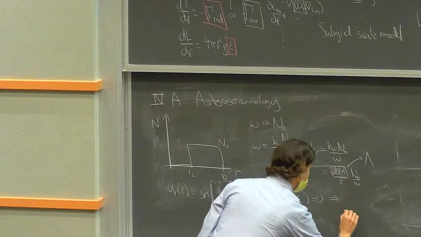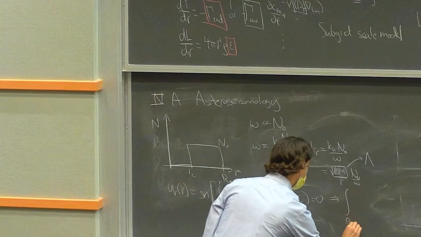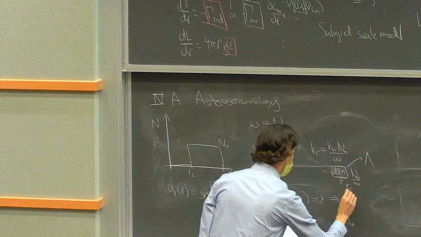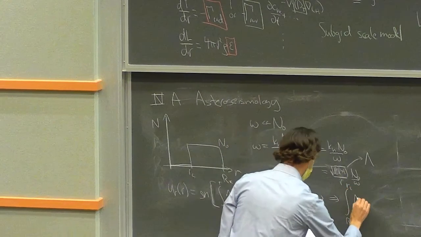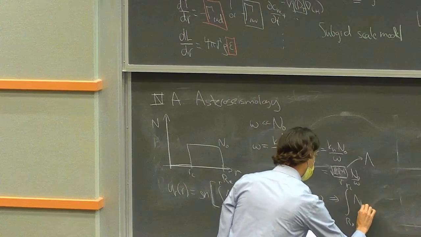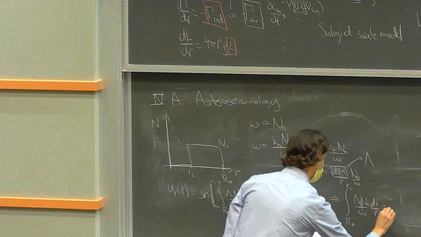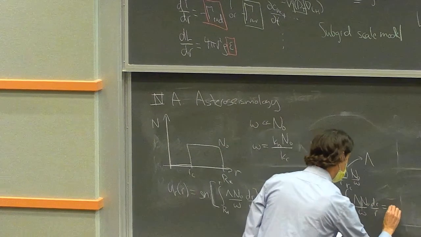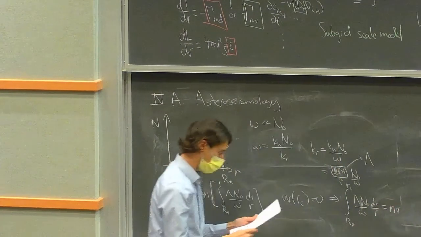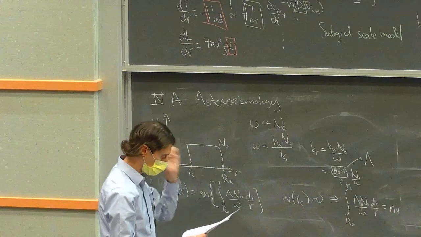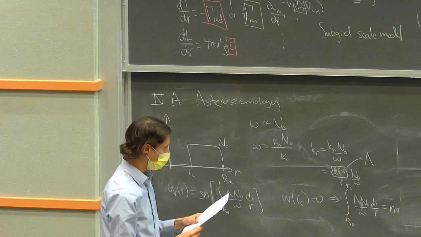And that means that this integral from the surface of the star to the convection zone of lambda n naught over omega dr over r has to be equal to n times pi, where n here is an integer larger than 1. Okay.